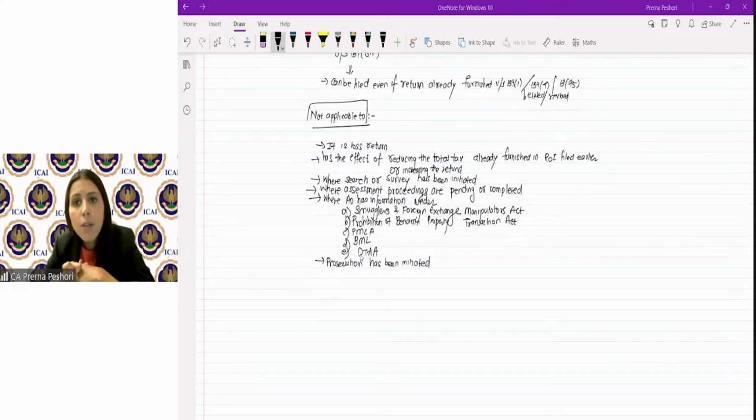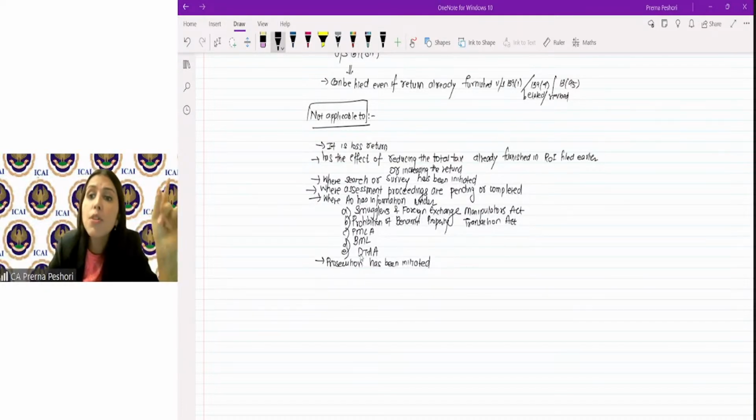Now, can I file the updated return? Answer is, if I want to claim additional loss, I cannot file the updated return. But if I want to convert the loss to the income, then I can file the updated return. So if the original return is a loss return, and now the updated return should be a return of income, only then I can file.